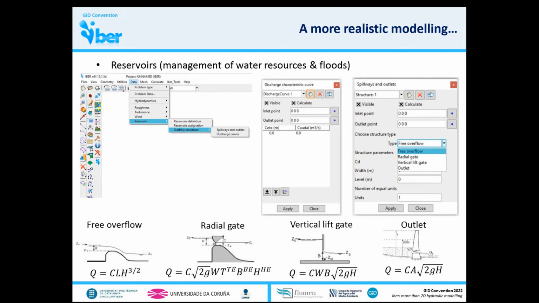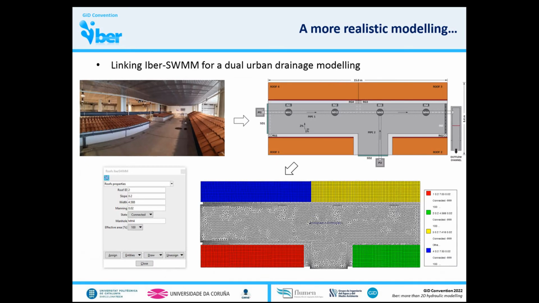In the definition of the structures, the discharge equation and its graphic interface have been adapted for the correct definition of the calculation coefficients. It is possible to model free overflow, radial gates, vertical lift gates, and outlets.